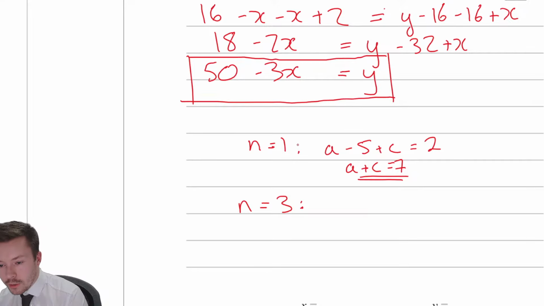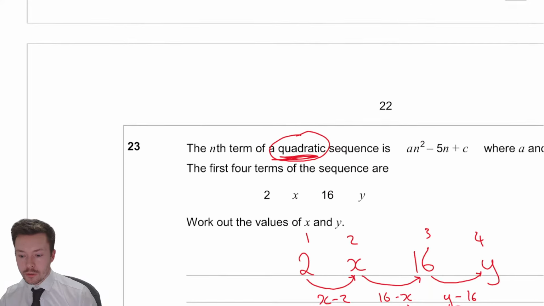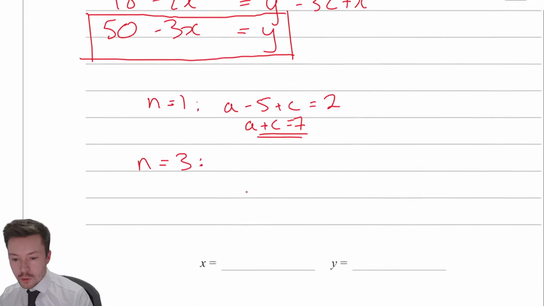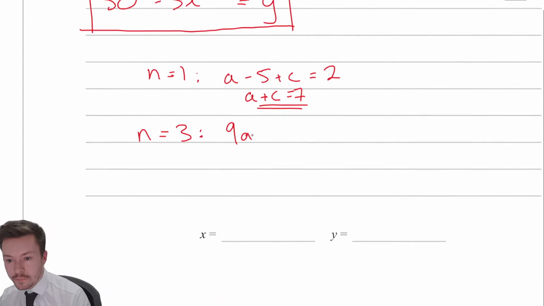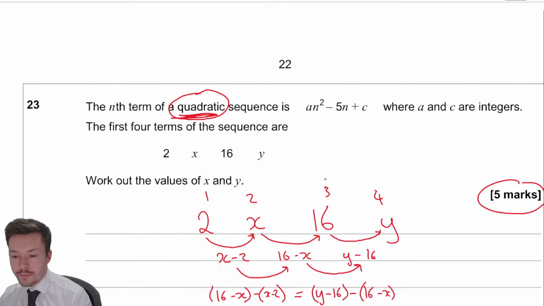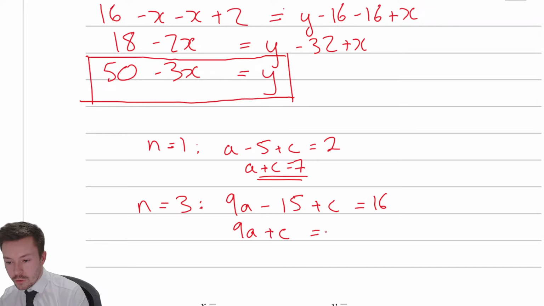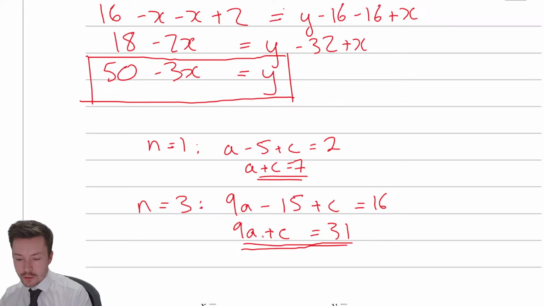And we are going to get, if I scroll back up, a times 3 squared, so we're going to get 9a minus 5 times 3, so that is minus 15 plus c, and our third term is 16, is equal to 16. So we're going to get 9a plus c is equal to 31, and then this is our second equation here, and then a plus c equals 7 is our other one.